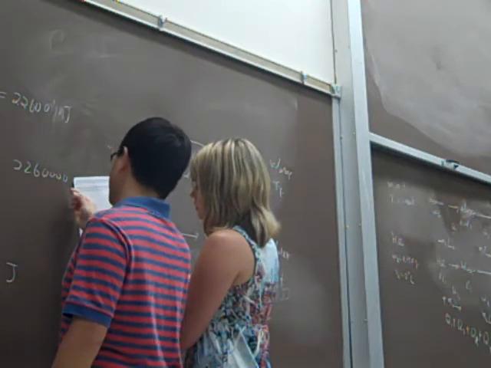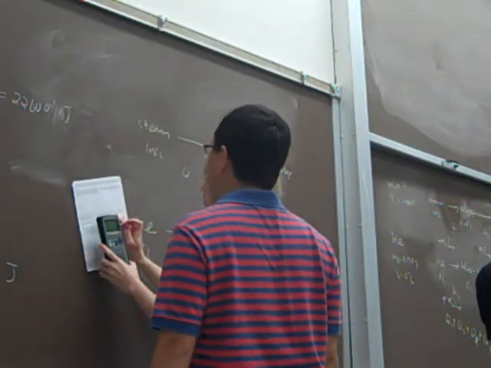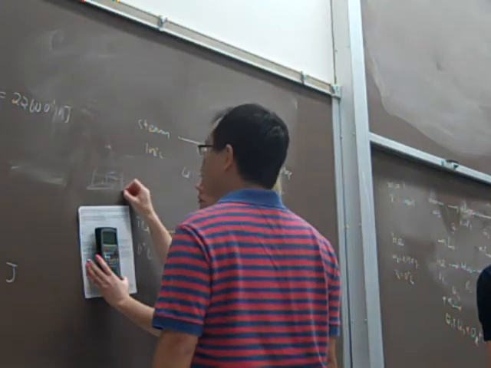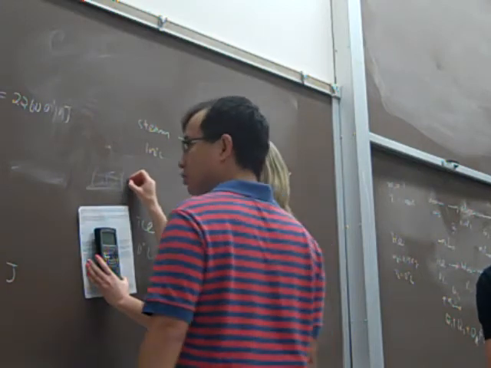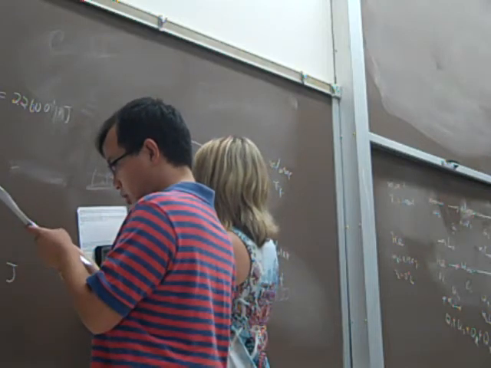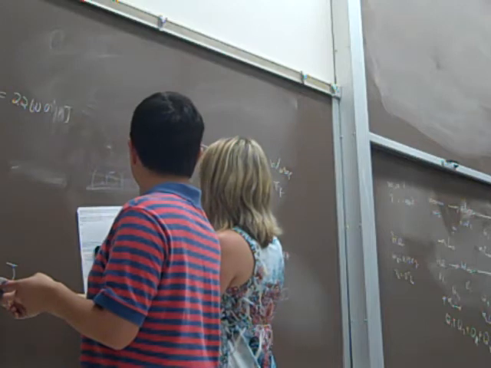I can't believe steam has that much energy. That goes to show you how small the joule really is. And ice has almost 50,000. It's only 0.5, so I guess it's that far from 0 Kelvin.